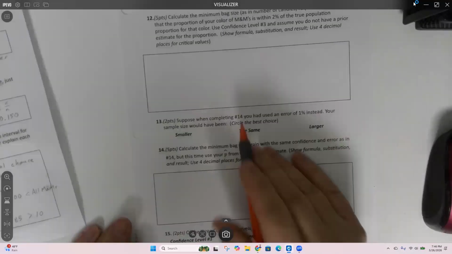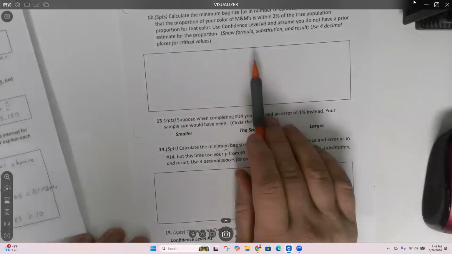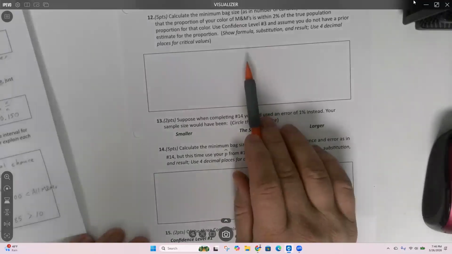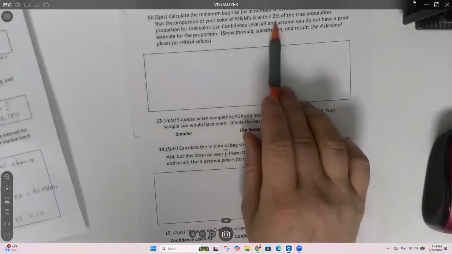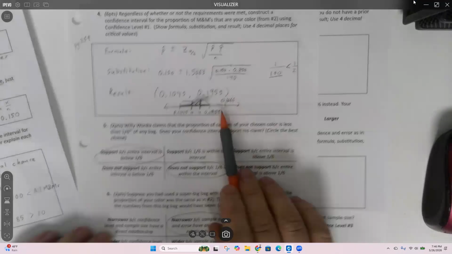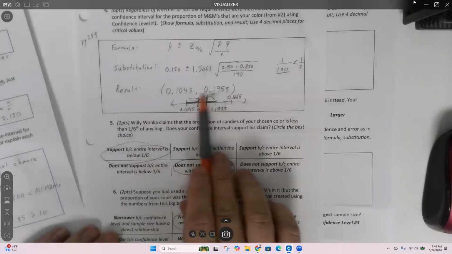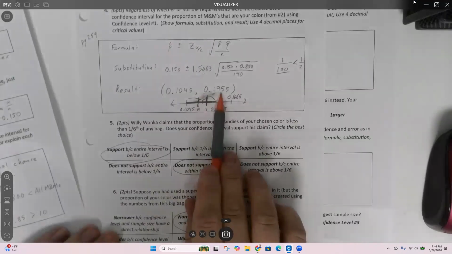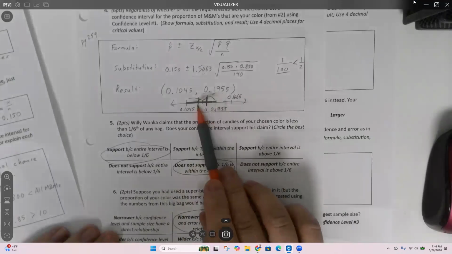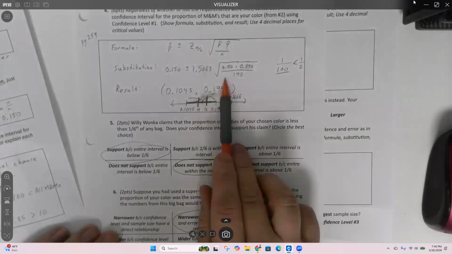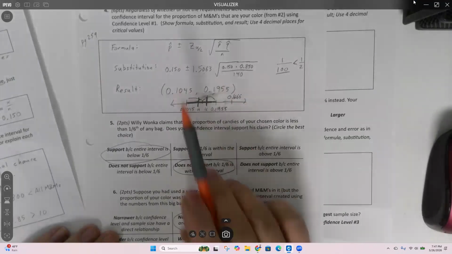Okay. So I want to be 70% confident that the true value is within 2% of the true population. So in other words, I don't want to be looking at a 9% range. I want to say that my error is plus or minus 2%.